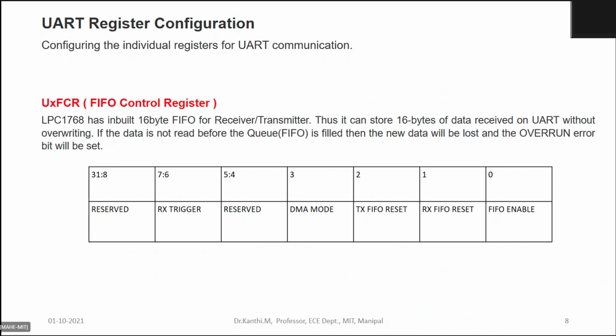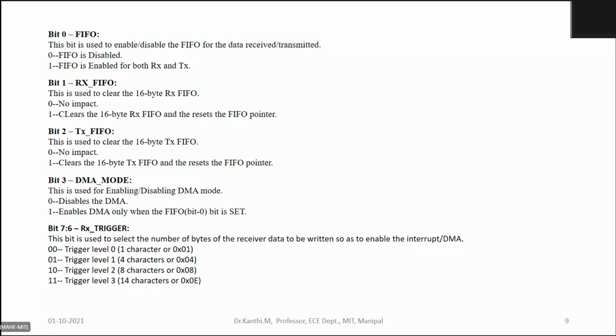Then a few bits are reserved, and you have the receive trigger. The receive trigger selects the number of bytes of receiver data to be written, which will enable the interrupt or the DMA.